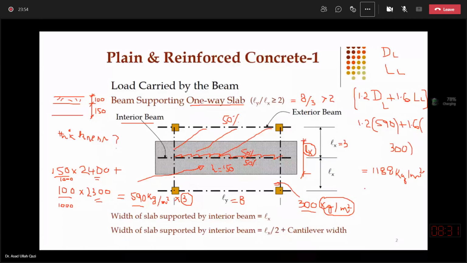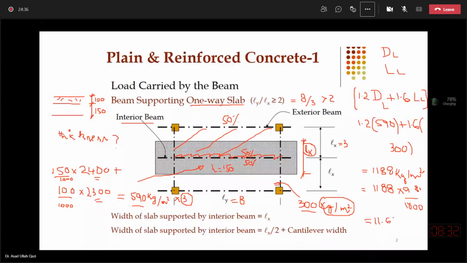So I can convert this kg into kilonewton by multiplying 1188 with 9.81 to convert it into Newton, and then dividing it by 1000 to convert Newton into kilonewton. So it then comes out to be around 11 point, how much? 11.65 kilonewton per meter square.